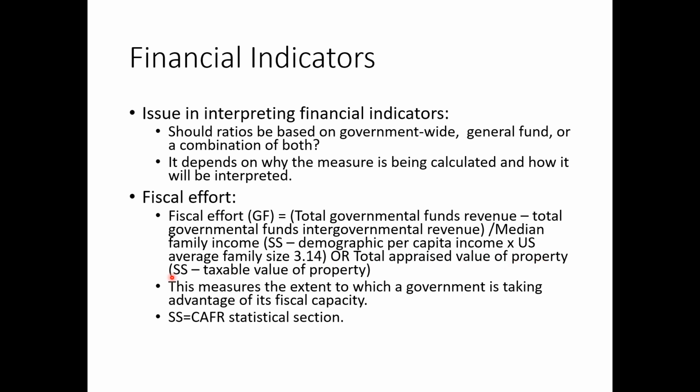Again, this is available in the statistical section: the taxable value of property. Again, the higher the ratio is, the higher the fiscal effort the government has. So per dollar of property, the tax is higher.